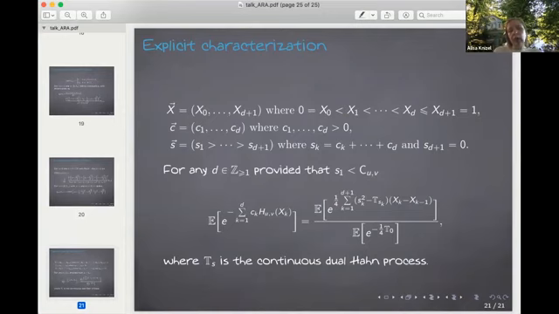It was quite unexpected for us to see the appearance of these particular orthogonal polynomials in the limit, and we were also happy to obtain a nice description for the Laplace transform in terms of these expectations with respect to this process. So this is the final result about the characterization.